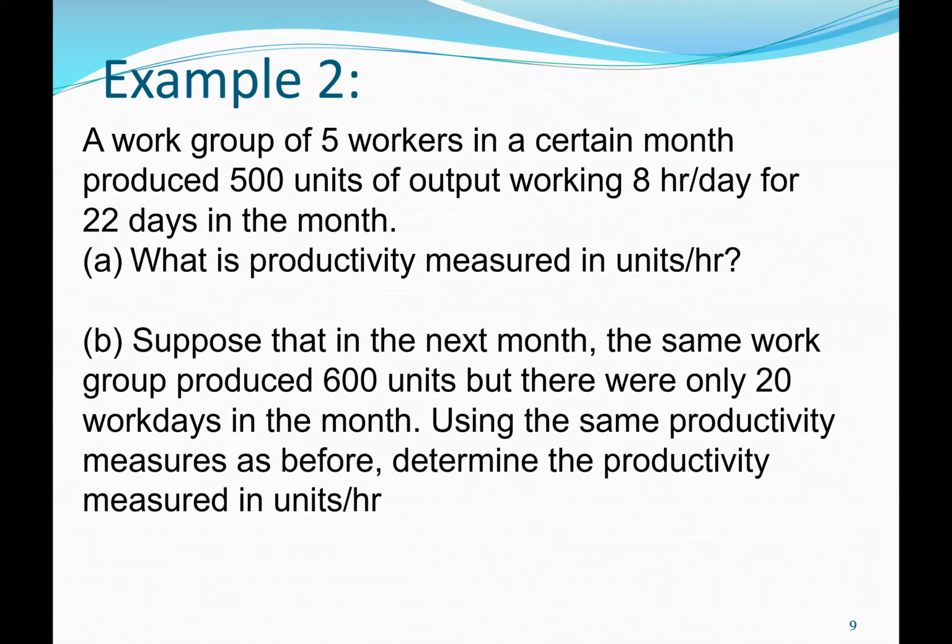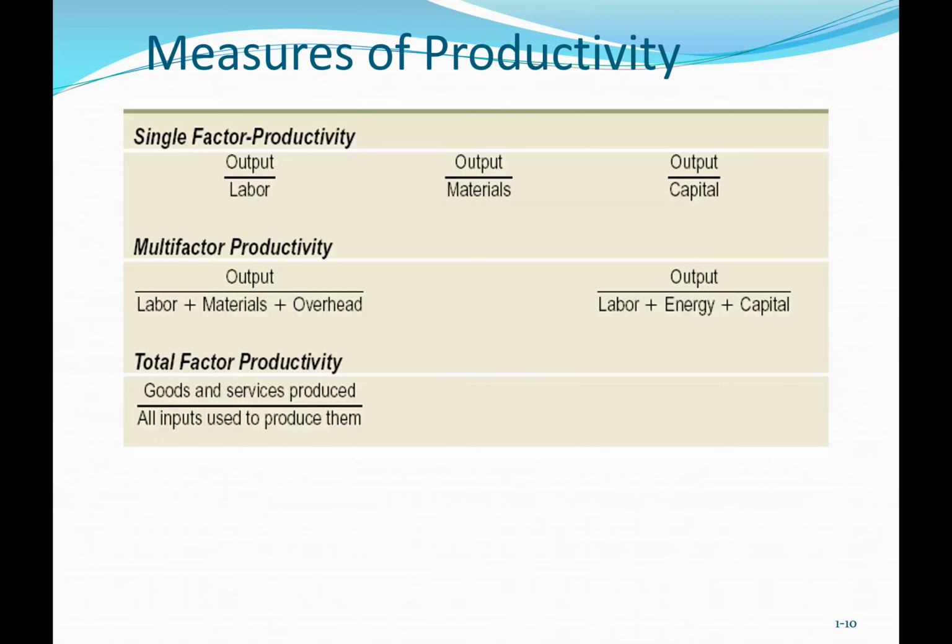A work group of 5 workers in a certain month produced 500 units of output working 8 hours per day for 22 days in the month. Suppose the next month, the same work group produced 600 units, but there were only 20 work days in the month.